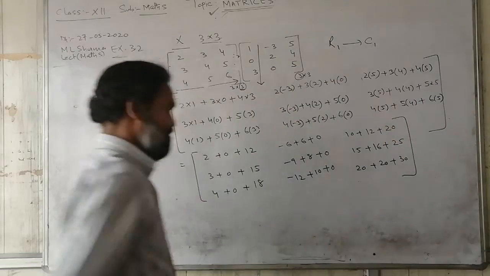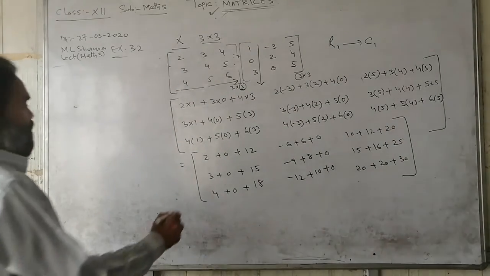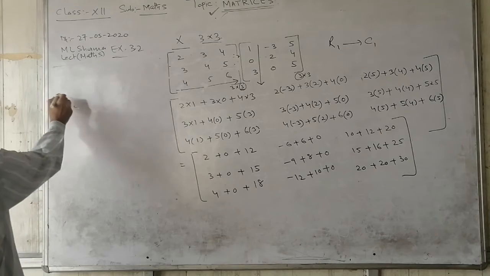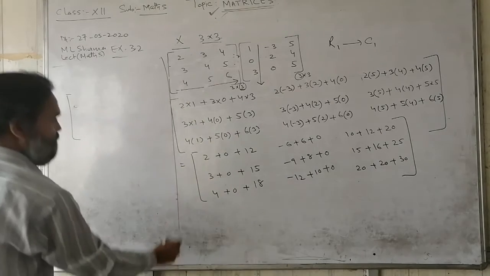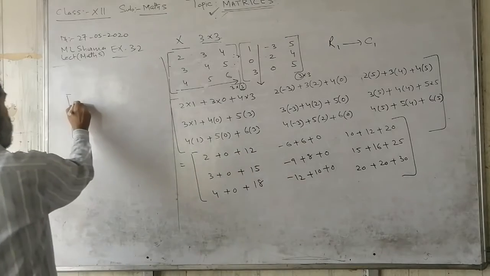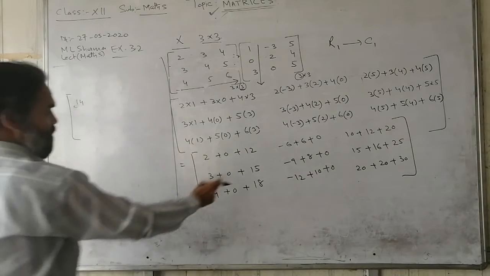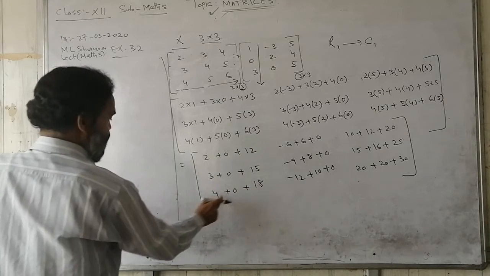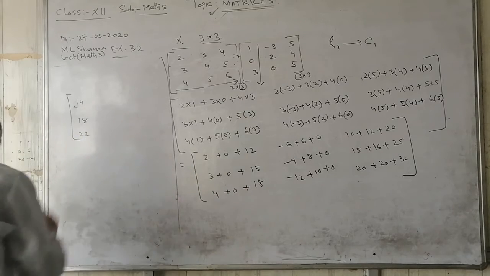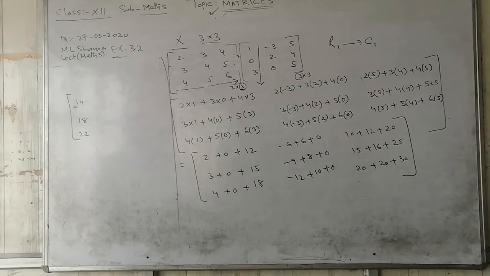So the elements will finally be 14 here, 18 here, and 22 here. So these are the first column elements.